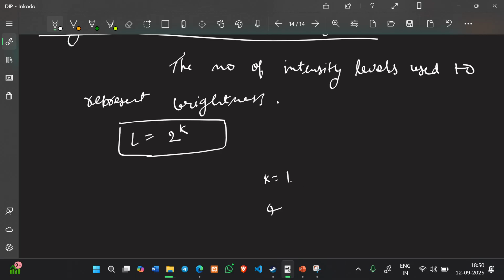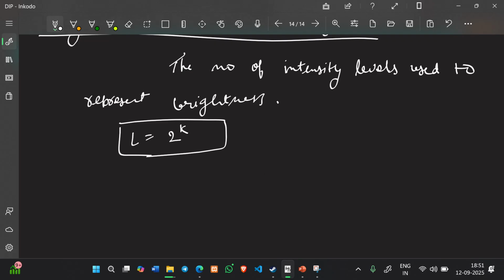And if the K value is 8, how much should the value be? So 2 to the power 8. 2, 4, 8, 16, 32, 64, 128, 256. So 256. Okay. So what is it? It is nothing but your gray level image. Okay. So let's move further.